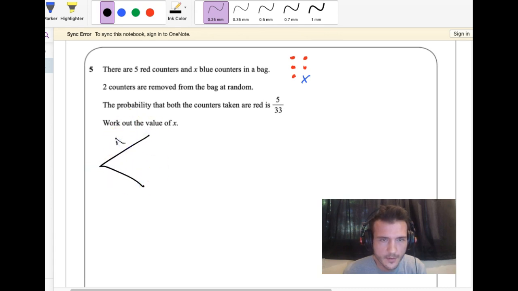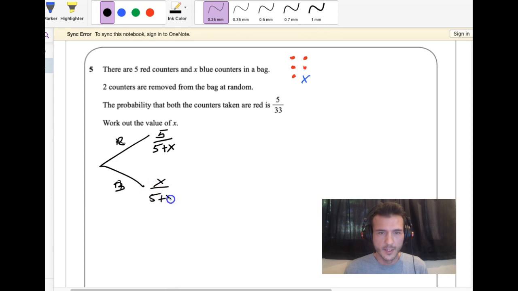So red and blue. Probability that we pick a red is going to be 5 over 5 plus X. Probability we pick a blue, gonna be X over 5 plus X.